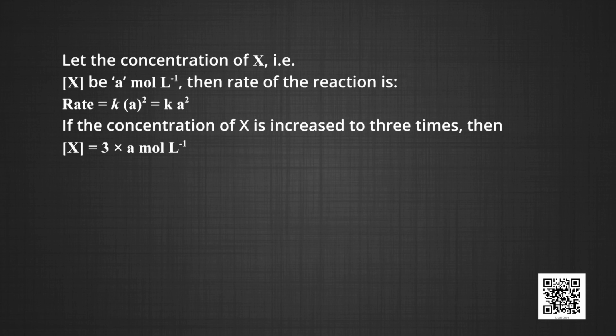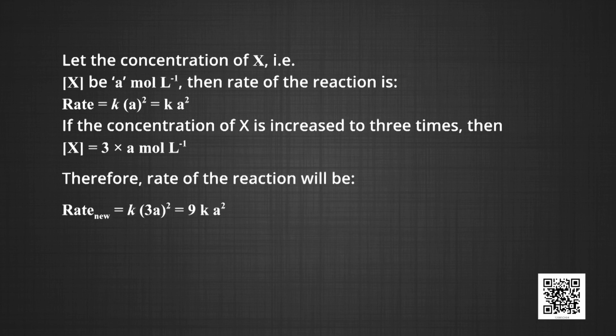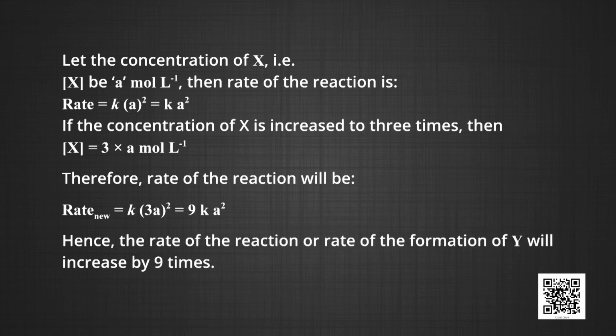Now, if the concentration of X is increased to 3 times, then the molar concentration of X is equals to 3 into A moles per liter. Therefore, the new rate will be equals to K 3A square. Now, it will become 9 K A raised to power 2. Hence, the rate of the reaction or the rate of formation of the Y will increase by 9 times.